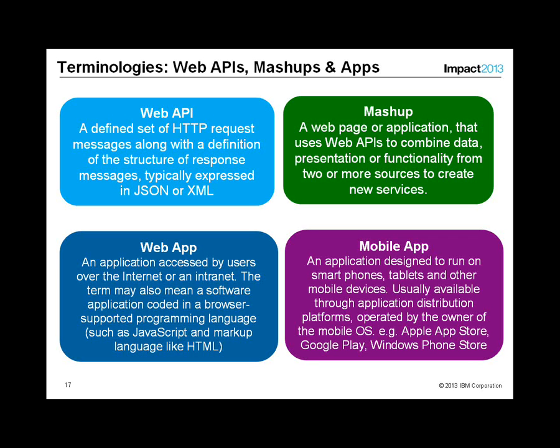Mobile applications are exactly like web applications. It's just that the distribution network for mobile applications is from the popular stores that we have. It could be the Apple App Store if you have an iPhone, the Google Play Store if you have an Android, or the Windows Phone store.